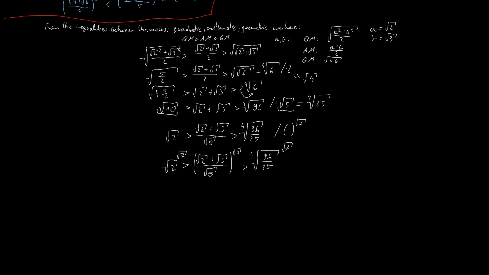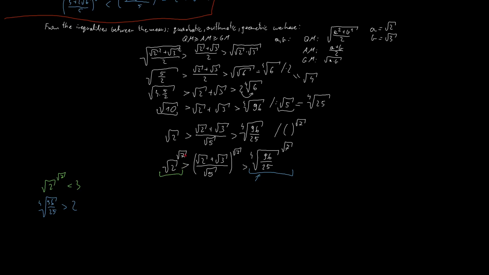We need to prove that this part, square root of 2 to the power of square root of 7, is less than 3, and this part is more than 2. Because if this part is more than 2, then our number is more than this number that is more than 2, so it is more than 2.